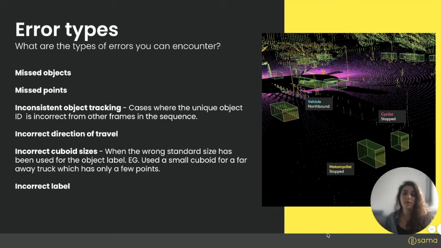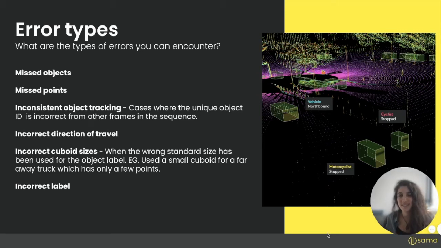Another type of error is the incorrect direction of travel. So on the example of dogs, if you didn't have that edge case covered and identified what you want to do in those cases, there might be different directions of travel that your data will have. But if you do have it covered, then it's easy to identify if the direction of travel is actually incorrect.